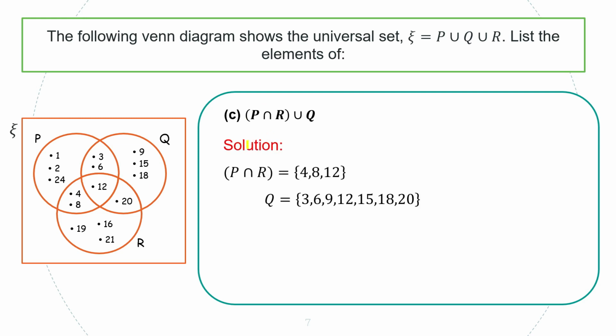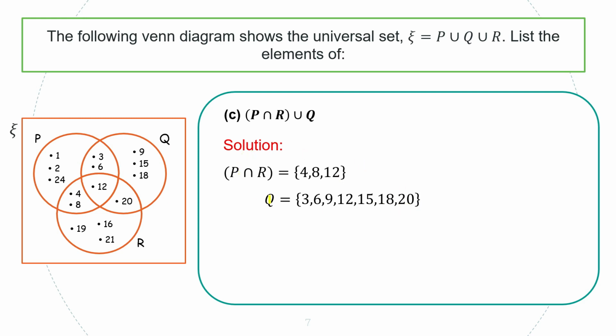Okay, so for the solution, P intersect R is 4, 8 and 12. Set Q is 3, 6, 9, 12, 15, 18 and 20.